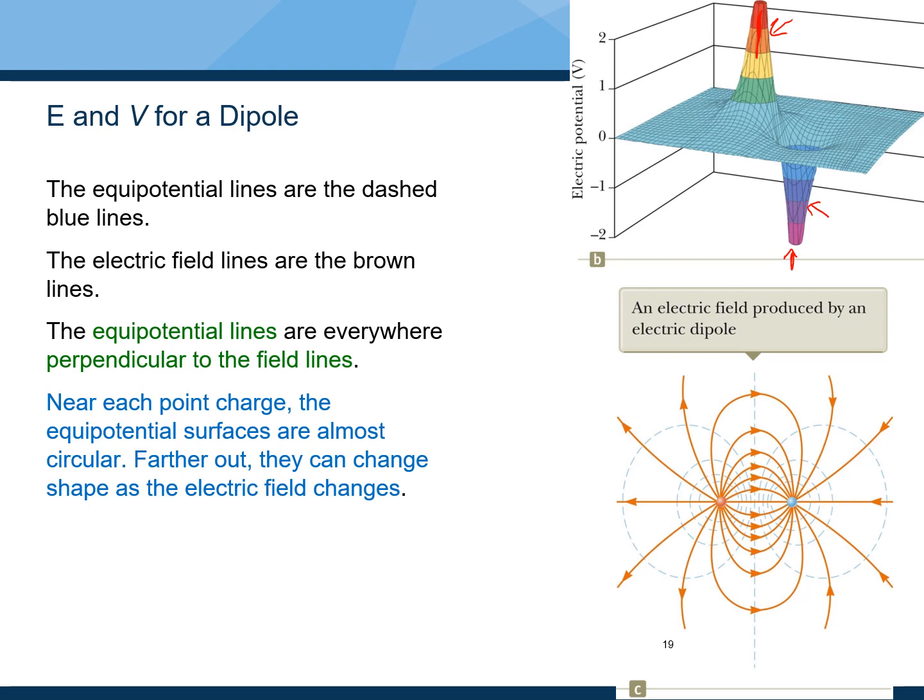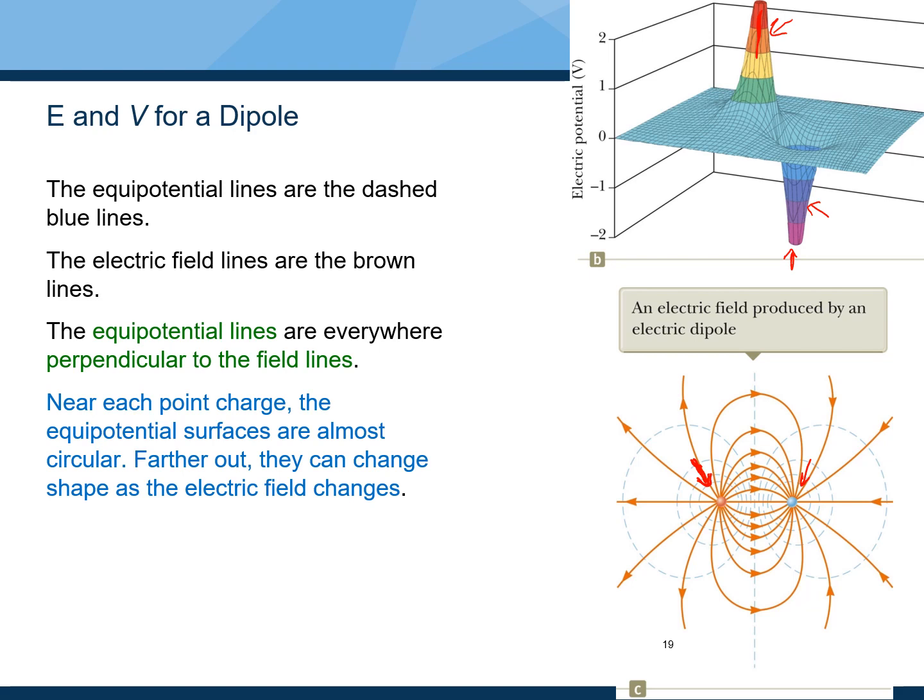Notice that close to the positive charge, you have equipotential surfaces out here that are almost circular. Very close to the negative charge, you again have equipotential surfaces that are almost circular. Why? Because these equipotential surfaces are responding to the more dominant source of potential, which is the charge that they're closest to.